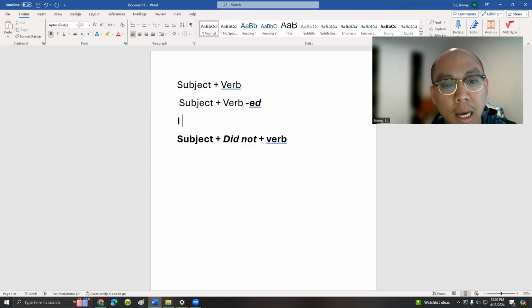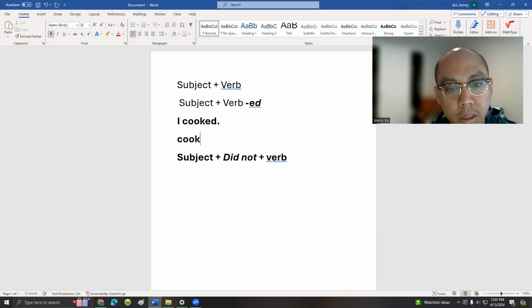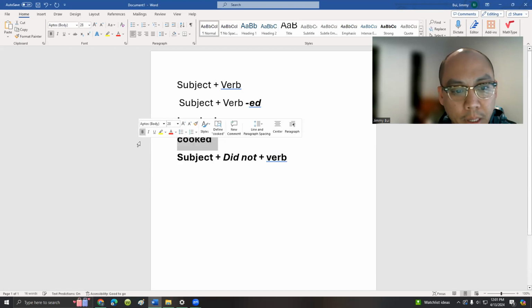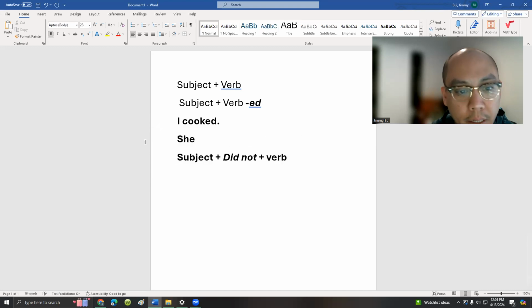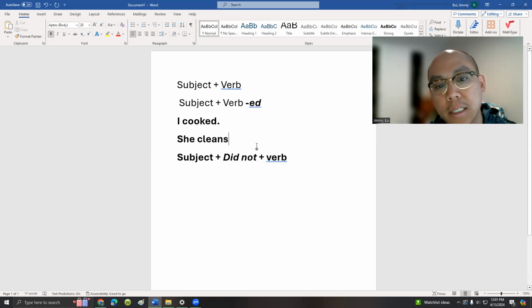So examples, I cooked. Okay, so the verb is cook, we add ed. She cleaned, right? She cleans in present tense, but in past, the verb is clean, the base form of the word clean, we add ed, she cleaned.